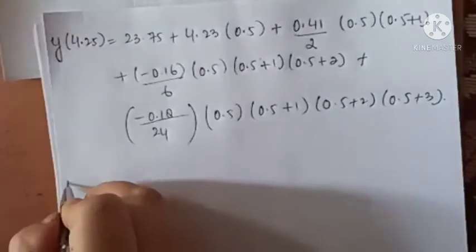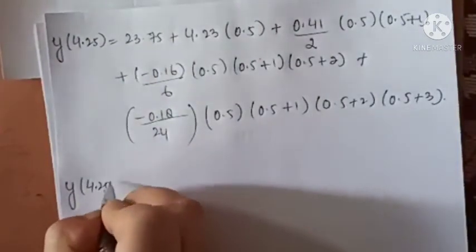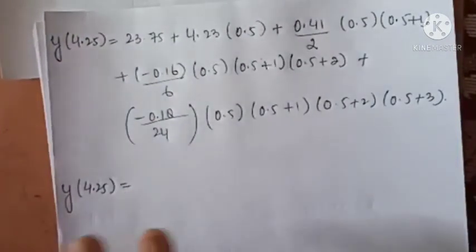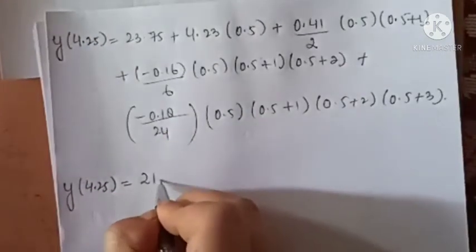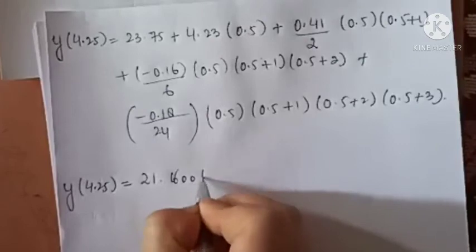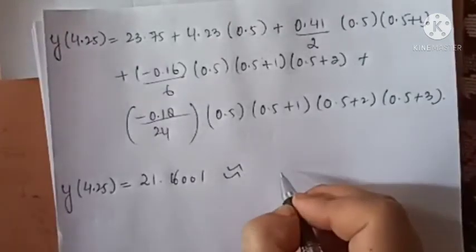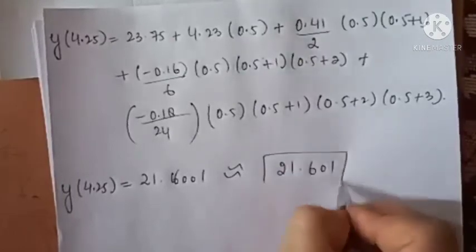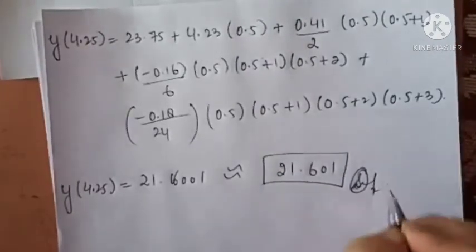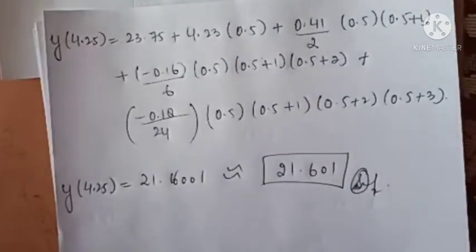Okay, so y of 4.25 is equal to, after you calculate all this, you are going to get 21.6001, which is approximately equal to 21.601. So this is the solution and this is how we calculate or solve all the questions regarding Newton's backward difference interpolation formula.